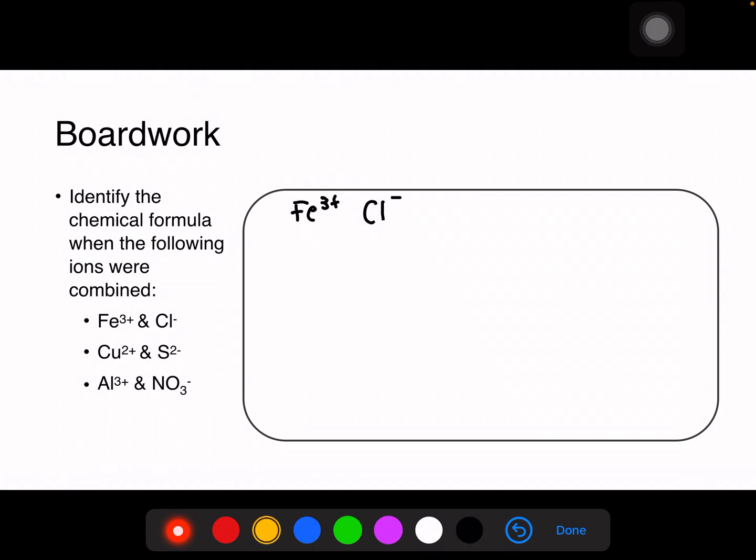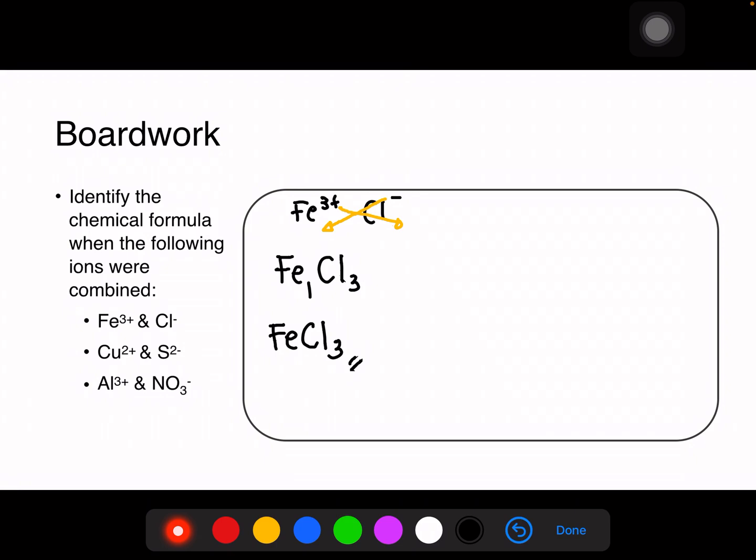Using the charge crossing technique, we will be having Fe1 Cl3. Again, for convenience, we don't need to write 1 as a subscript, so we can write it in this manner, FeCl3.